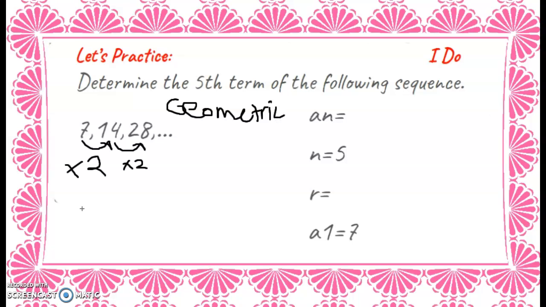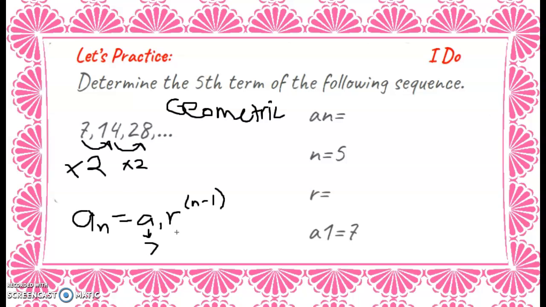And let's recall the geometric sequence formula. We have a of n equals a1 times r to the n minus 1 power. Now let's identify each of these in the equation. So a of 1 is our first term, that's 7. r is our common ratio.